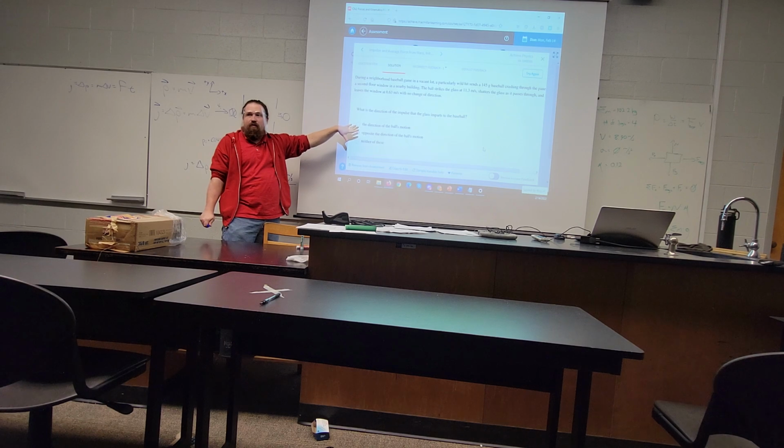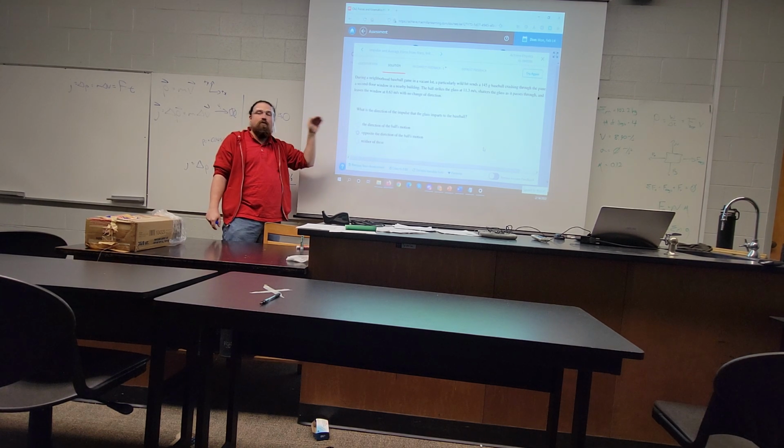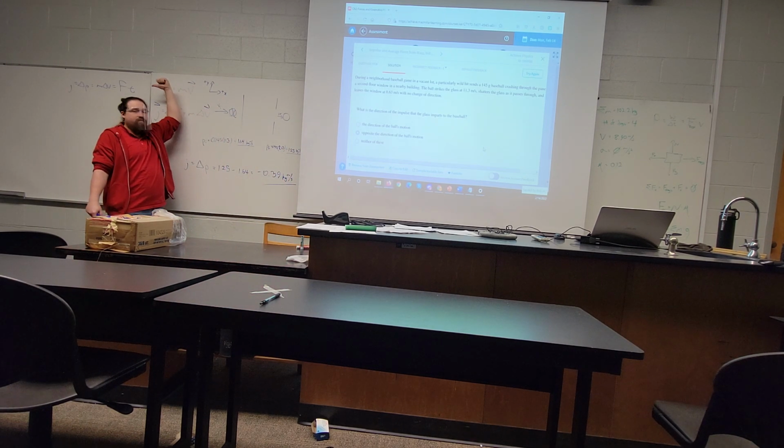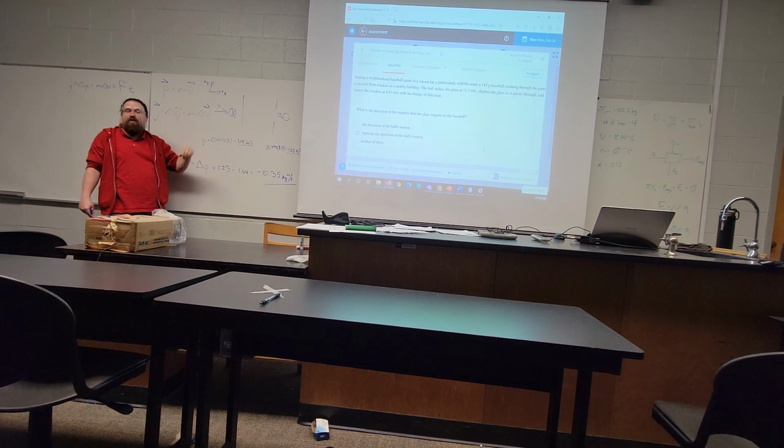Opposite the direction of the ball's motion. The ball's moving forward but slows down because of this impulse. That means it points, and if the ball's direction is positive, the impulse points negative. The impulse on the ball points negative.